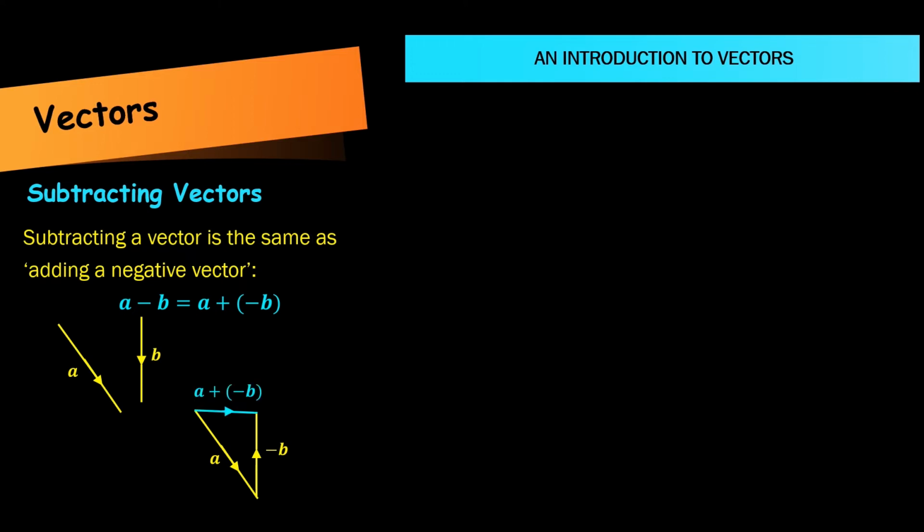And the vector line in red denotes A plus minus B. So to subtract B, simply reverse the direction of B and then add.